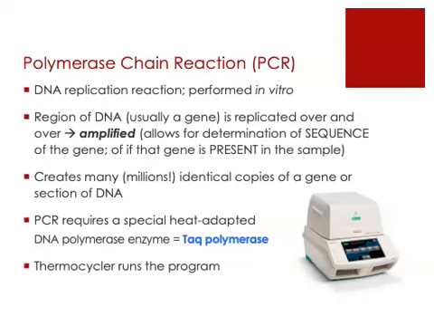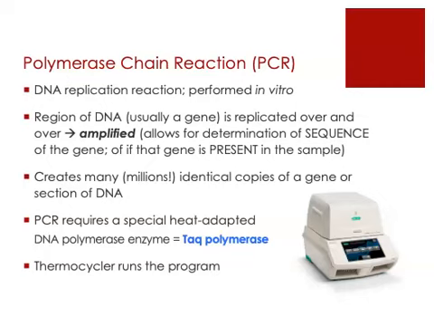Sometimes when we're performing PCR and amplifying a gene, we're trying to determine if that gene is present. In other words, you may discover a gene in one type of organism, and you may be curious whether or not that gene exists in another type of organism. So you can use PCR to probe for that gene.